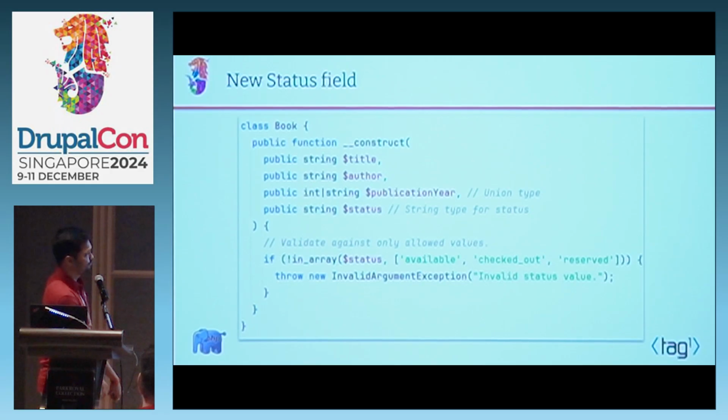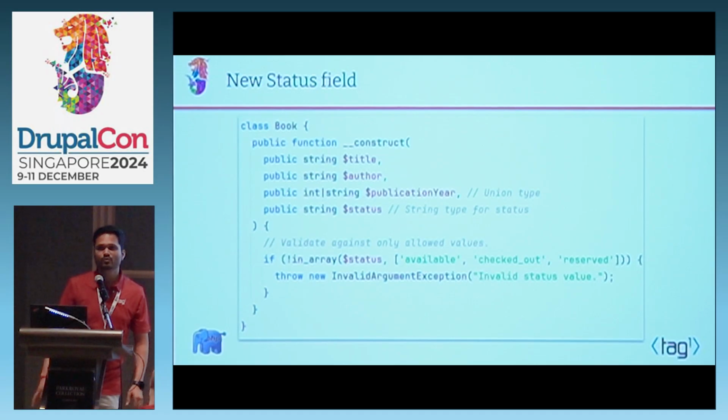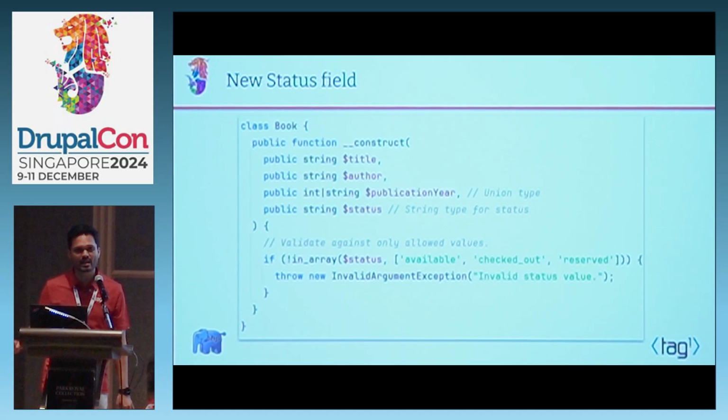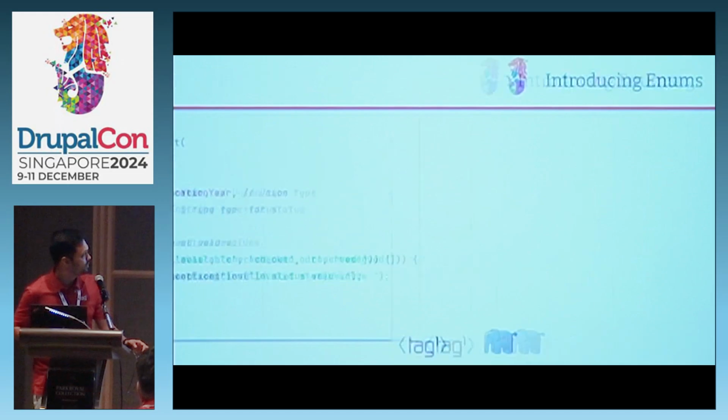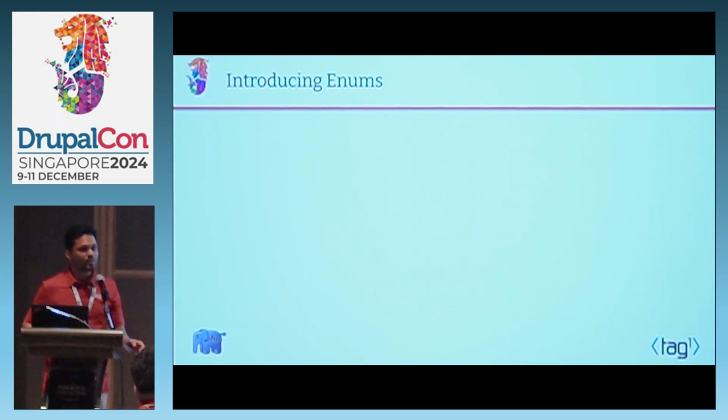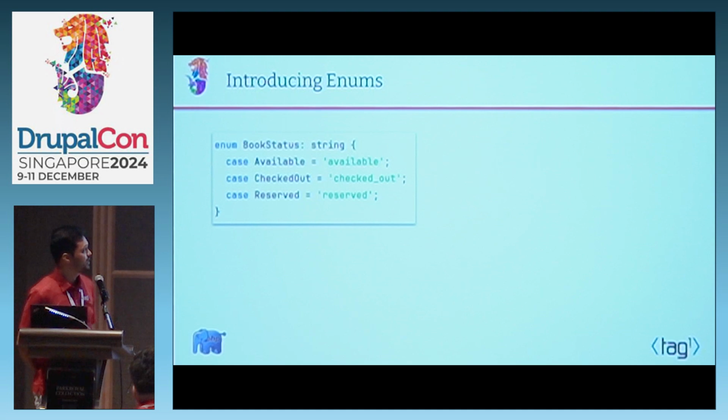And in case this is not handled in PHP, it would just mean that it could receive any string as an attribute, and the system would not be able to handle most of the cases. So that's where we could take help of enums.